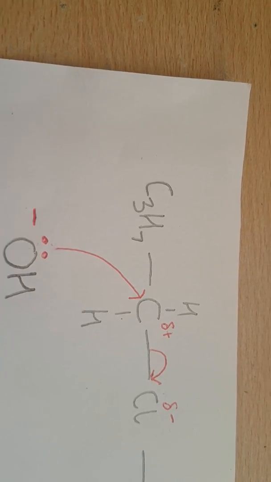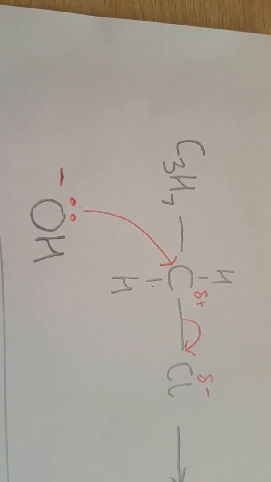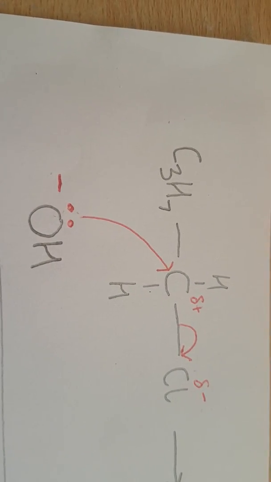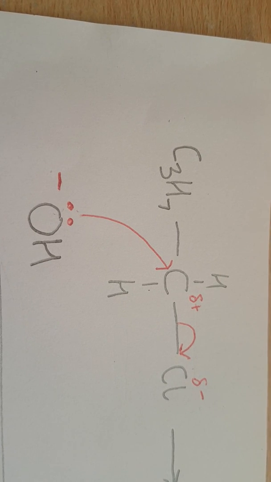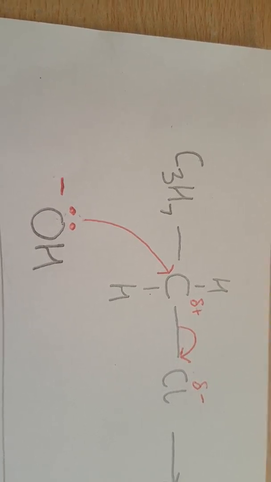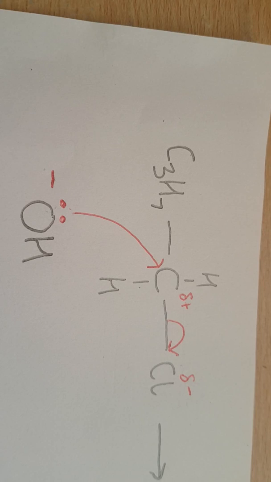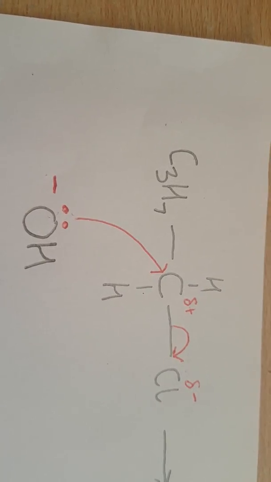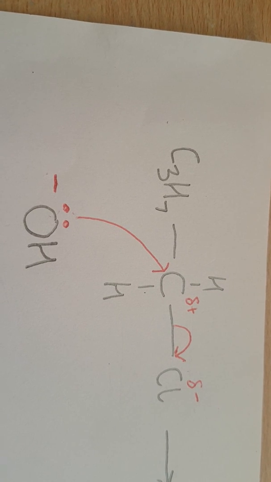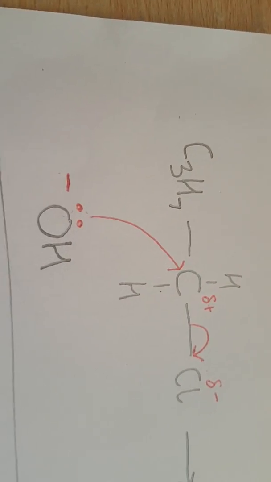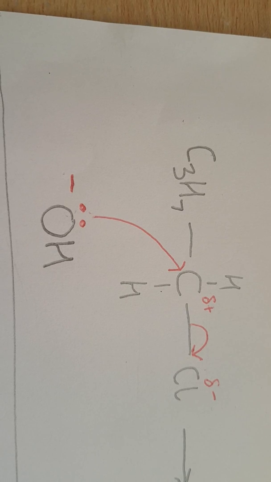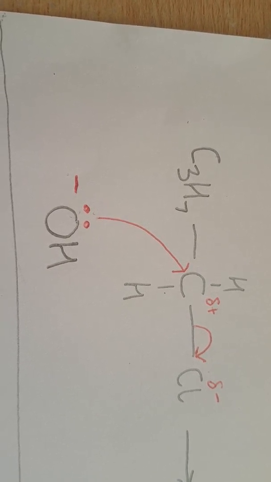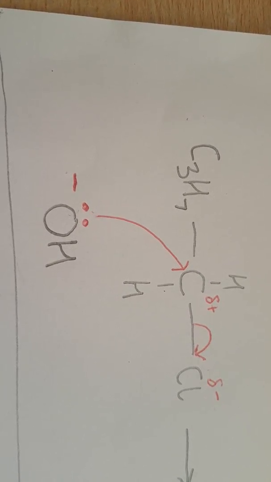This reaction really happens in two stages. Firstly, the OH minus ions are attracted towards the delta plus carbon. And the stronger the attraction of the negative ions for the delta plus carbon, then the higher the rate of the reaction should be.